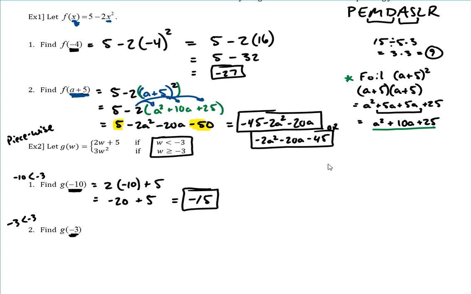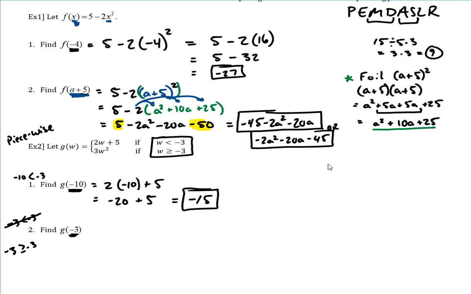Okay, so this one doesn't work, but it does work for the bottom one. So let me just cross that out. It does work if you plug this negative 3 into this w. It is true now. Negative 3 is greater than or equal to, so the equal portion is where it's true. Negative 3 does equal negative 3, so then it's telling us use that bottom piece right there.